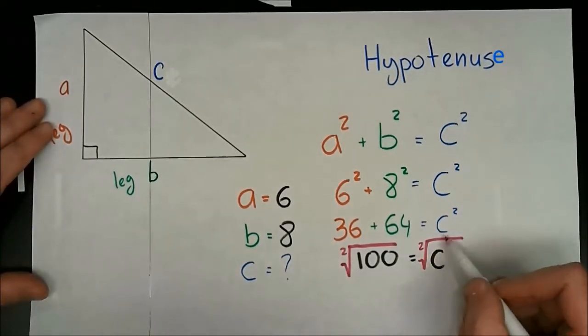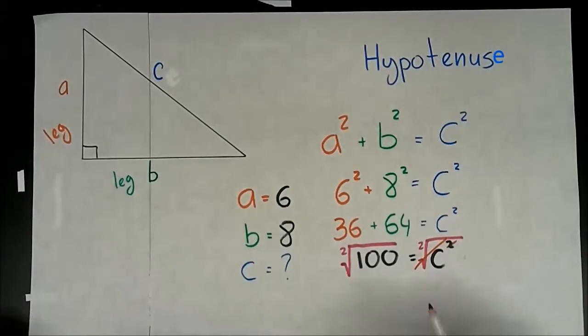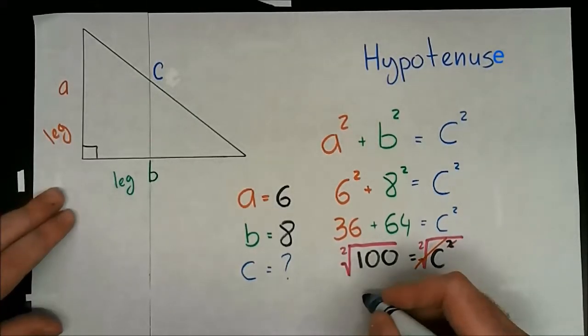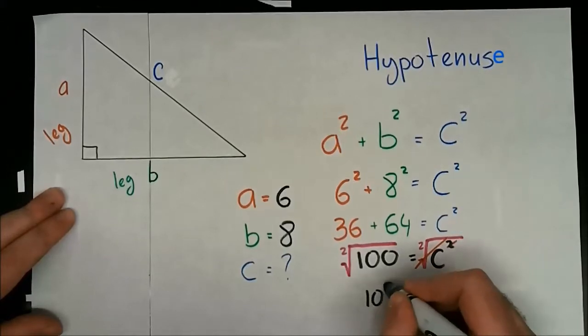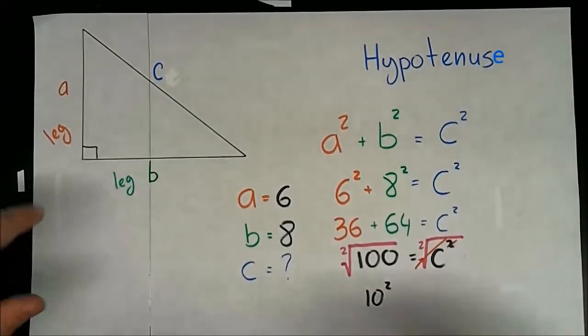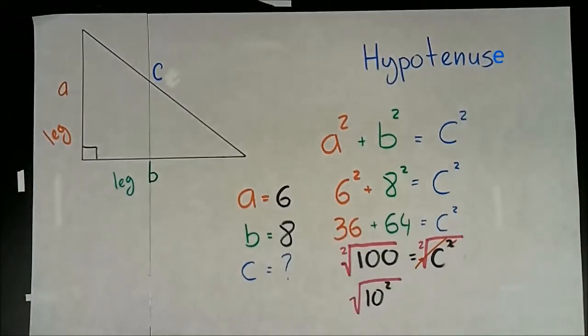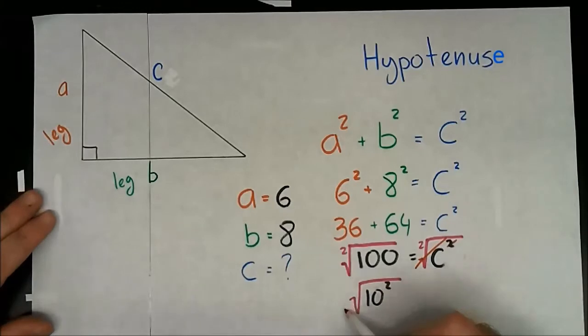I can cancel out the radical and the exponent of the second power. What's the outcome? I can write 100 as 10 squared, can't I? And when I put that under a radical, I can now cancel out the radical and the power of 2.